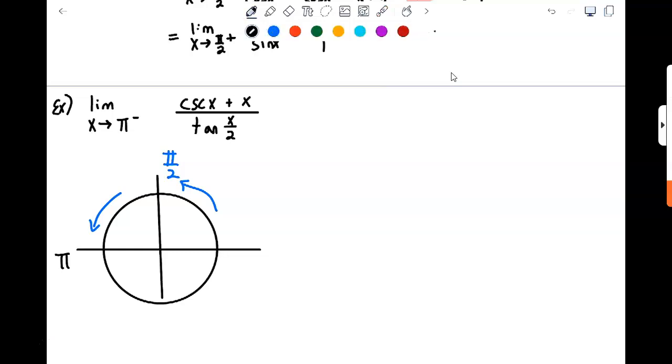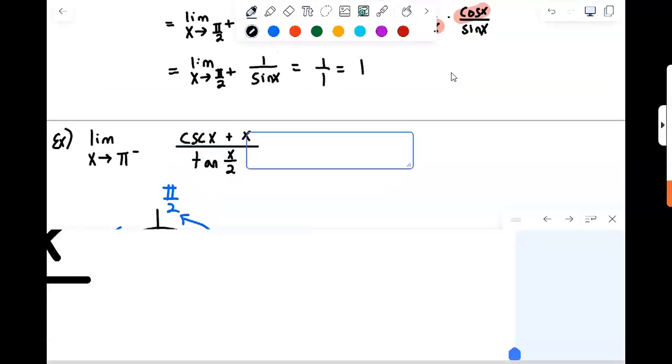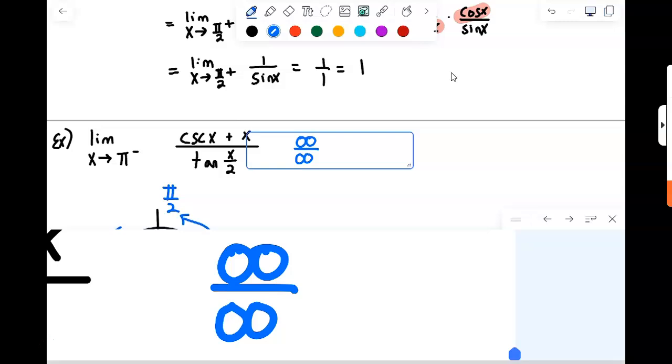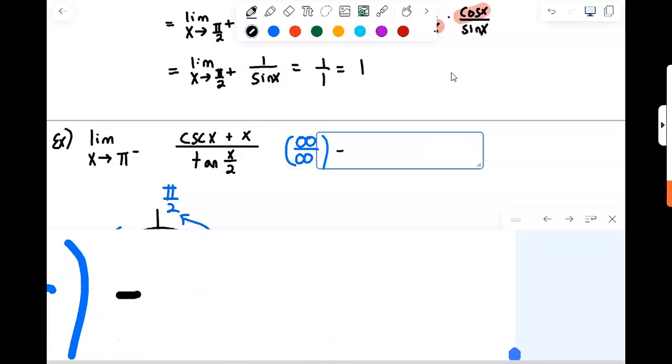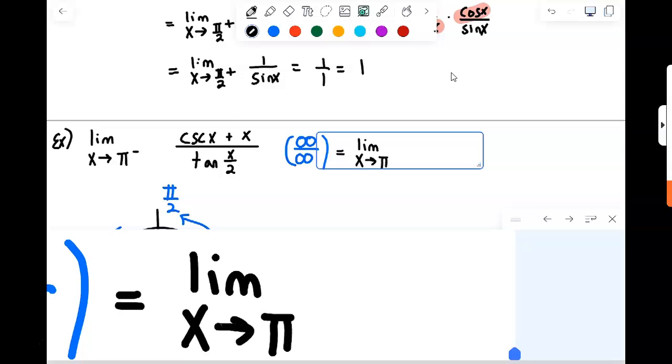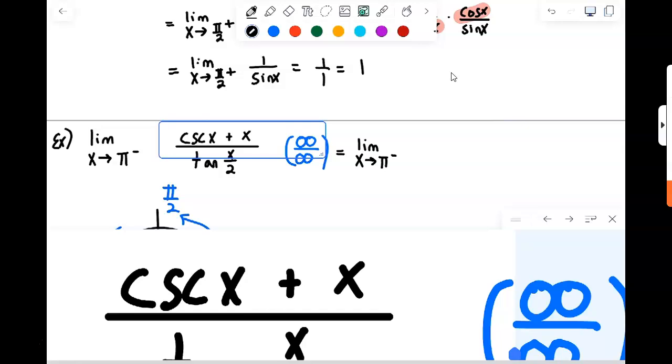So our initial process is let's try L'Hopital's rule. So we have infinity over infinity. So let's differentiate the top and bottom. So we do that. So limit as x approaches pi. Then we differentiate.